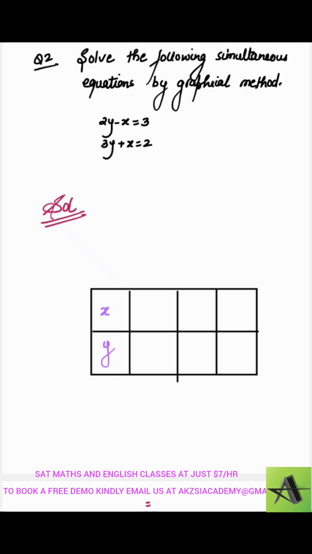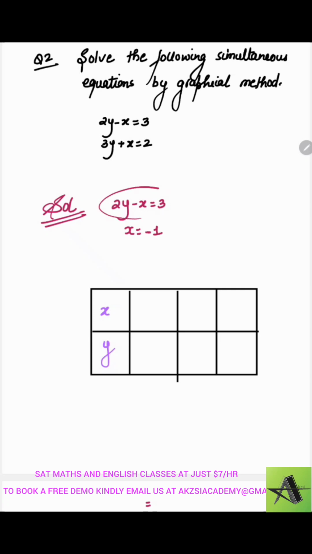So I'm starting with plotting 2y minus x equals 3, and we will be doing the same by this table method. That means selecting the values of x and then finding the corresponding values of y. So let me pick the first value of x, let's say -1.